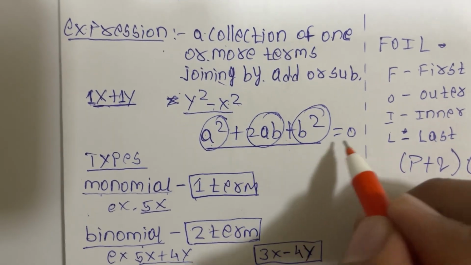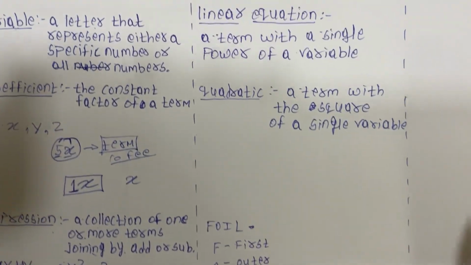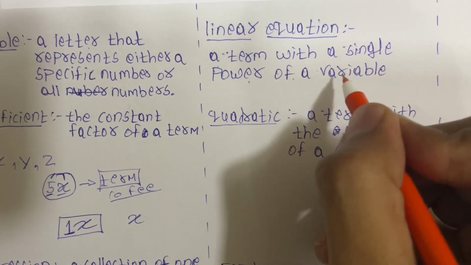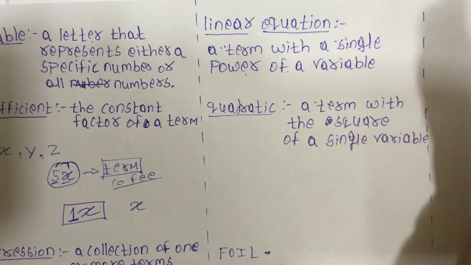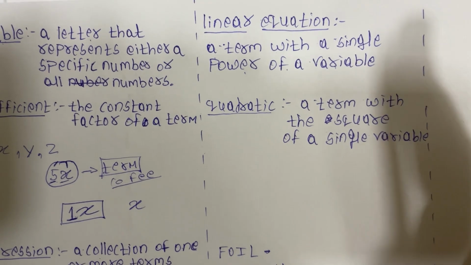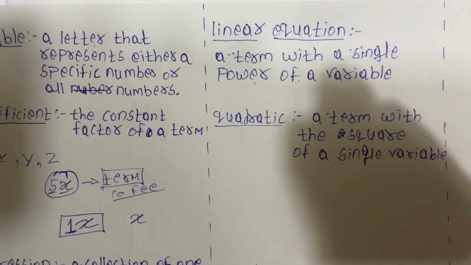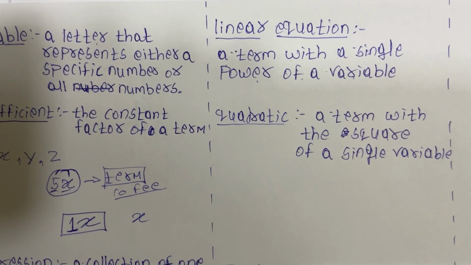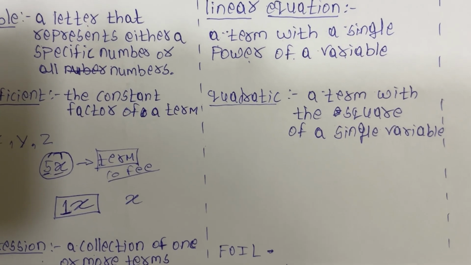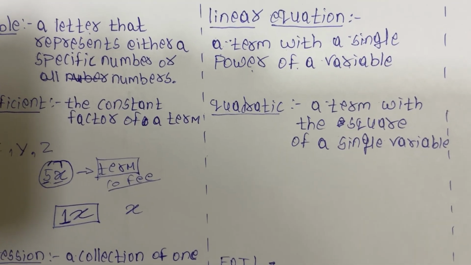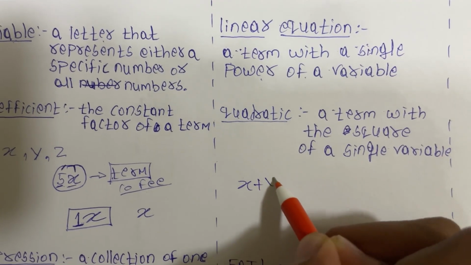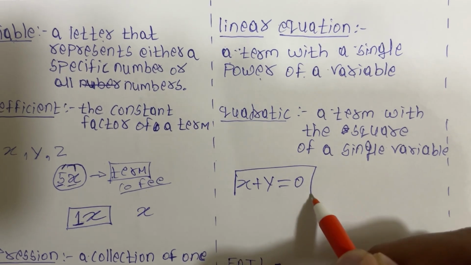This is an expression. Equations are the ones which have an expression with an equal to sign. For example, x plus y is equal to 0. So this is an equation.